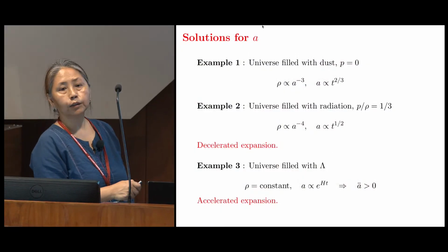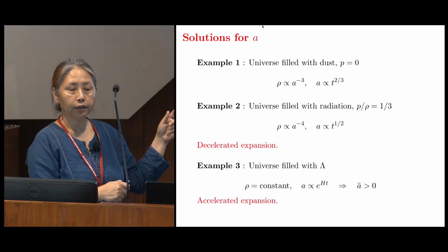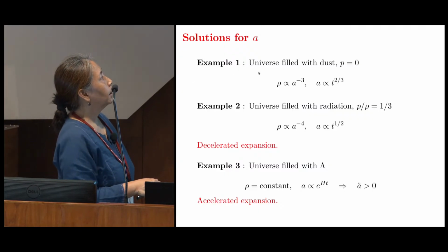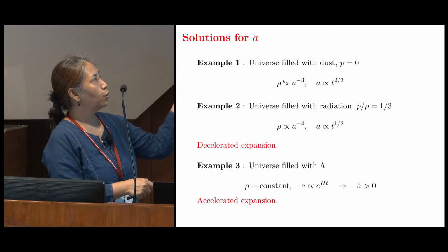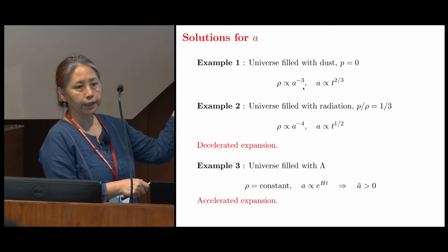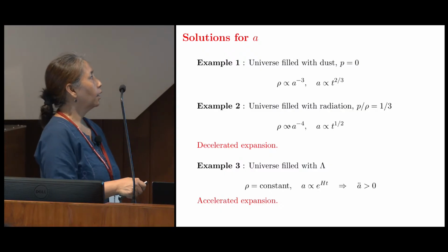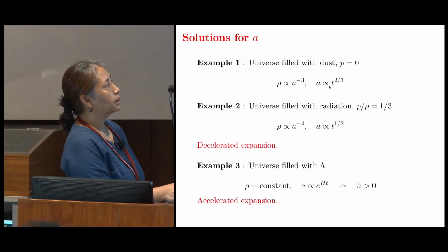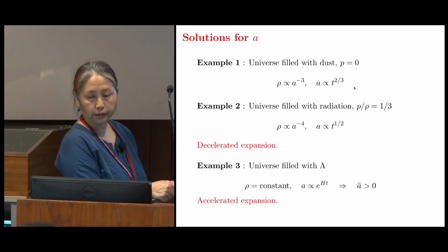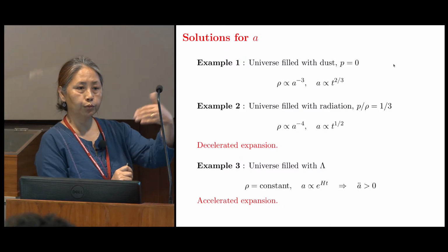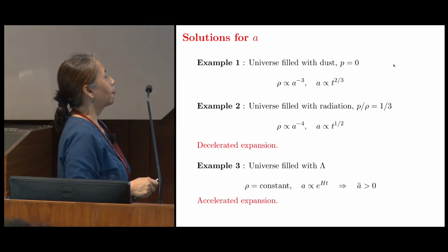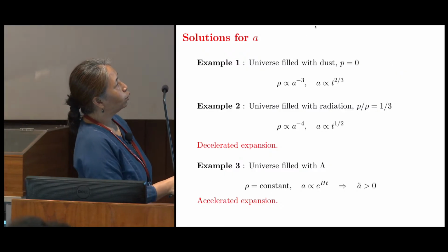If you have such a toy example, of course, then from those earlier equations you can work out rho to be a to the power minus 3, and you can solve for a as a proportional to t to the power 2 by 3. Okay. So, you can work this out easily.